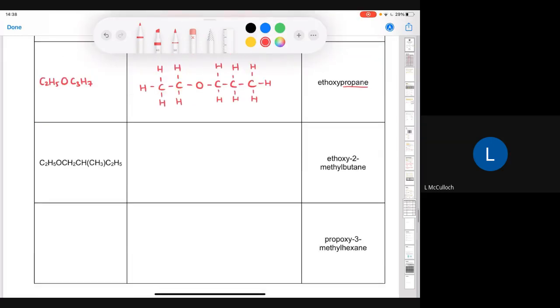Right, I'm going to show you how to tackle the fourth one, which we can see is a little bit different because the alkane that forms the longest chain has a branch coming off of it. So we've got ethoxy-2-methylbutane. So for this one, I'm going to start by drawing 2-methylbutane.